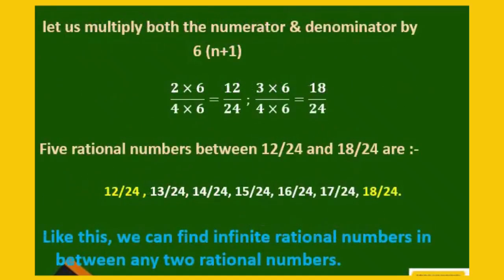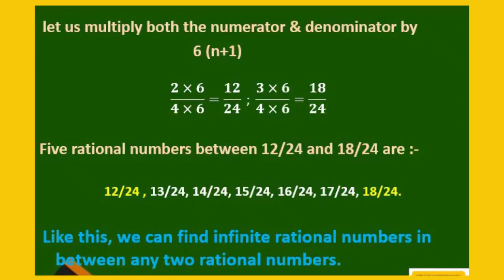Once we convert the unlike fractions to like fractions, we need to follow the same series of steps as we have done before. Here, we need to insert 5 rational numbers between the given rational numbers. So, the value of n is equal to 5. Now children, can you tell me the numerator and the denominator of the given rational numbers should be multiplied by which number? Yes, it should be multiplied by 6 because n plus 1 is equal to 6.